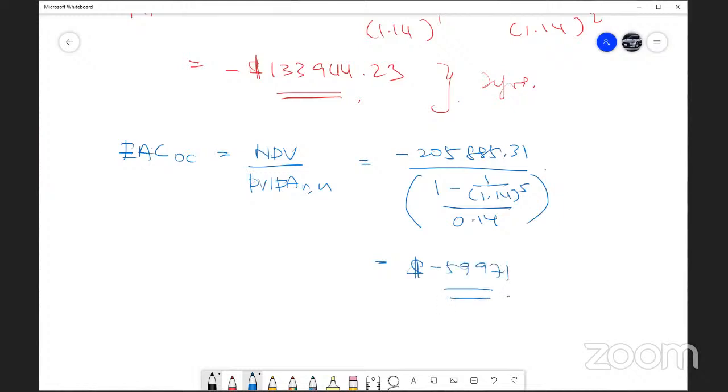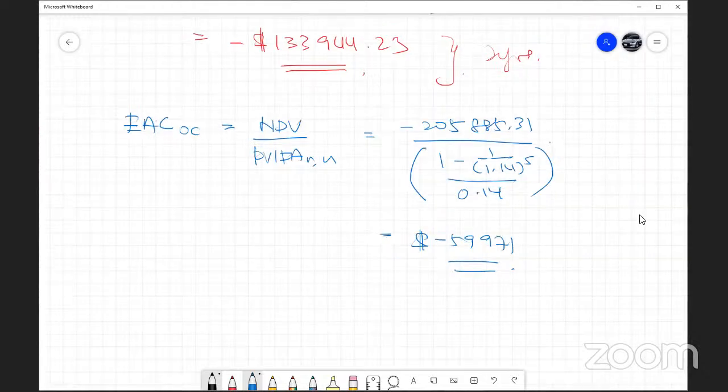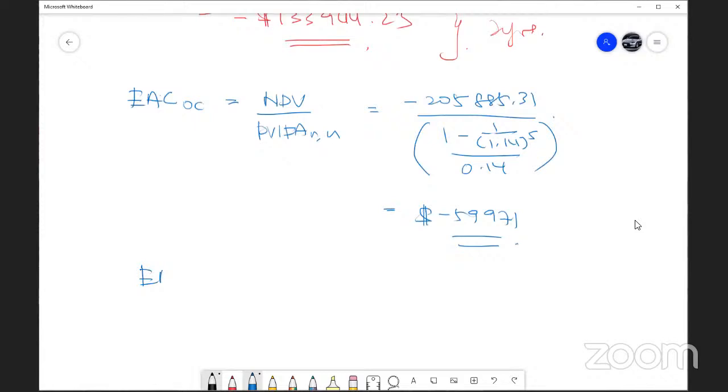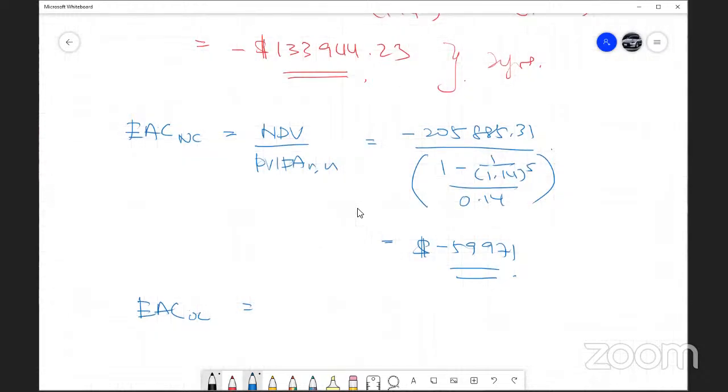Now you count the EAC of this old computer. The NPV here is negative 133,944.23. Divide, the same figure here. You counted this figure, right? Just plug it in here. I won't repeat the whole thing. I'll just use PVIFA at 14% and 2 years.